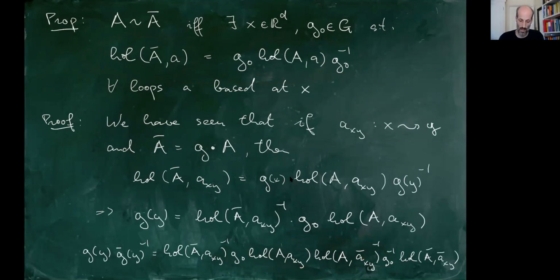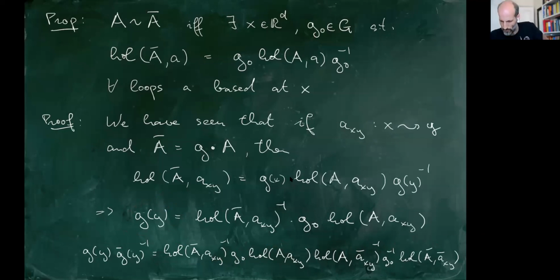But then that means that I can just delete the G's and replace the A's here by A bars. And then that guy cancels out with that guy cancels out with that guy, and I just get the identity, right? So from this simple calculation, I see that this is well defined. So it doesn't actually depend on which path I use to go from x to y.